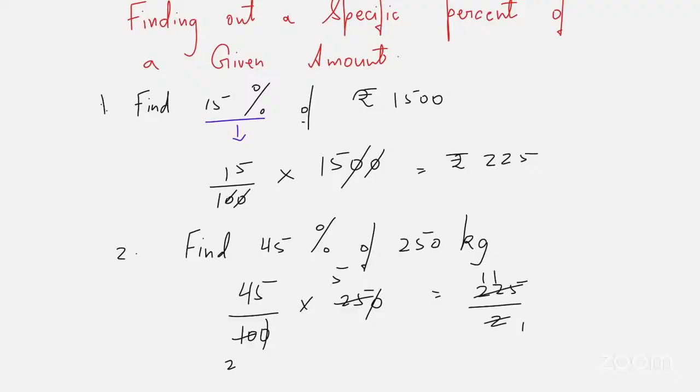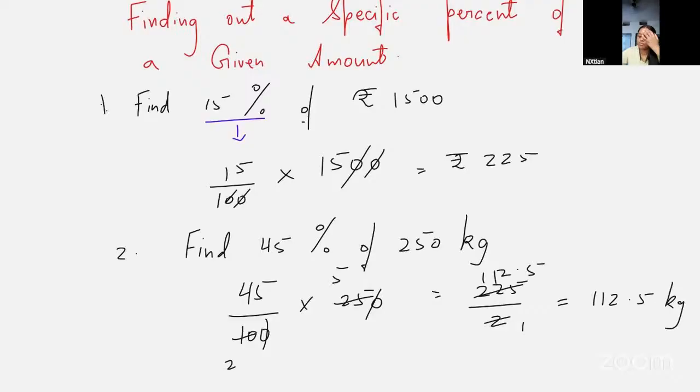225 divided by 2, it will come in points. 1 1 2. 2 2s are 4. 2.5. So 112.5 kg is the answer.